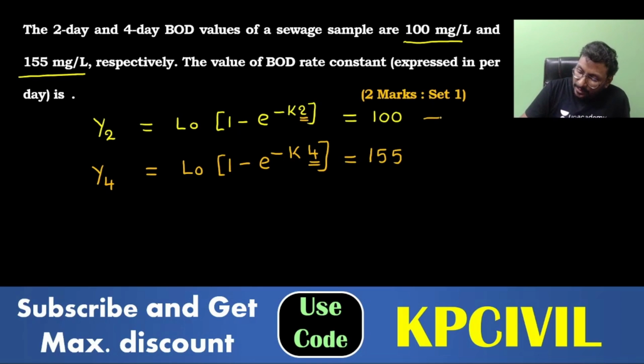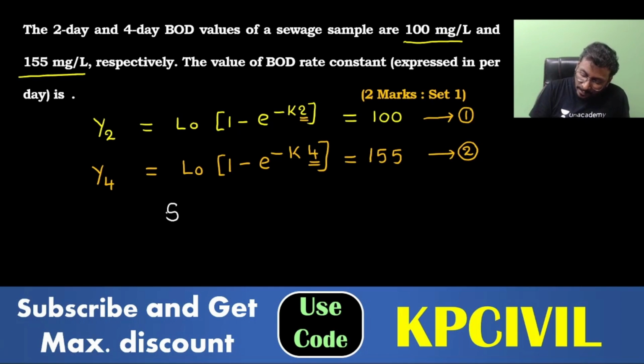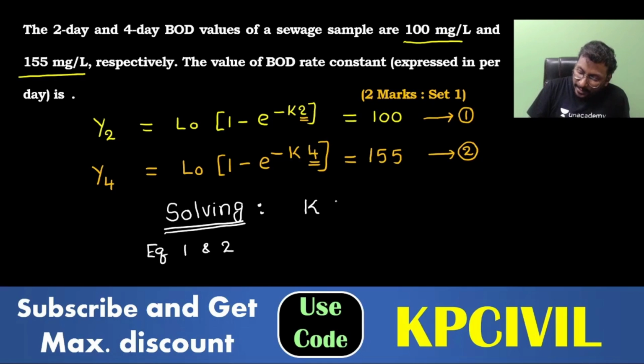So this is equation 1 and this is equation 2. Both K values are same, and L0 is same, so that it was cancelled. Solving equations 1 and 2, what is the K value you are getting?